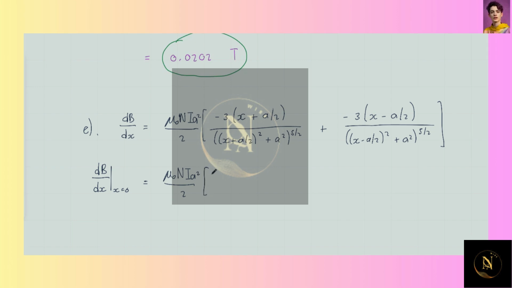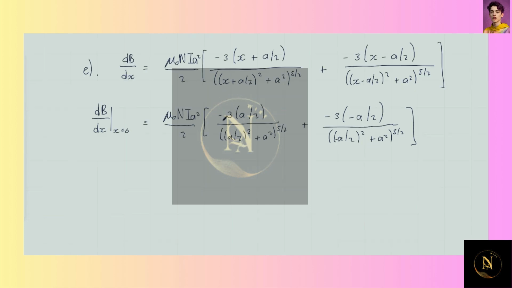And this is all multiplied by minus 3 times a over 2, divided by ((a over 2) squared plus a squared) to the power of 5 over 2, plus minus 3 times minus a over 2, over ((minus a over 2) all squared plus a squared) to the power 5 over 2.